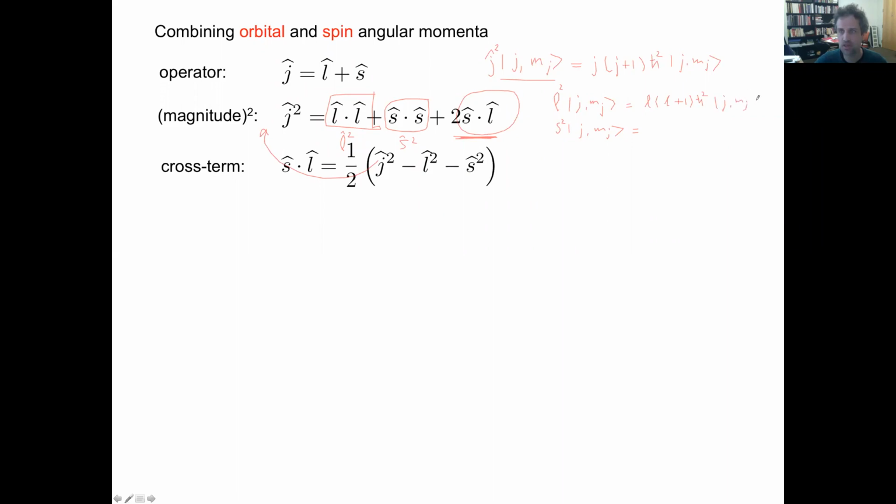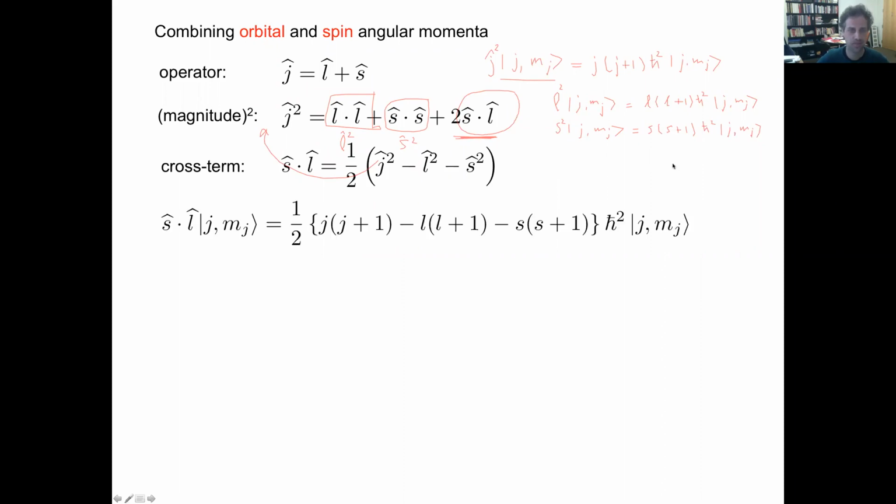I can conclude that these eigenstates are also eigenstates of the magnitude of orbital angular momentum and of spin.